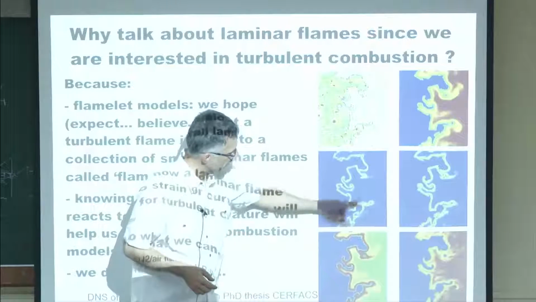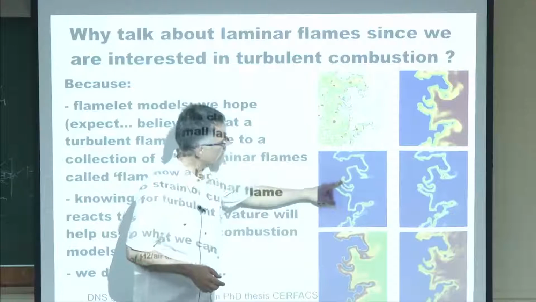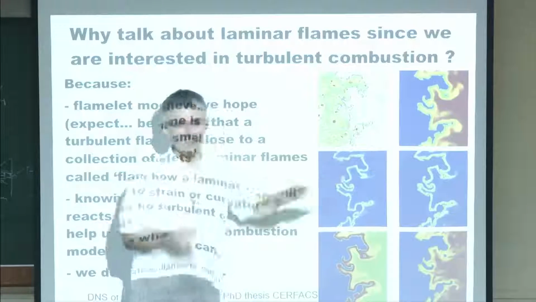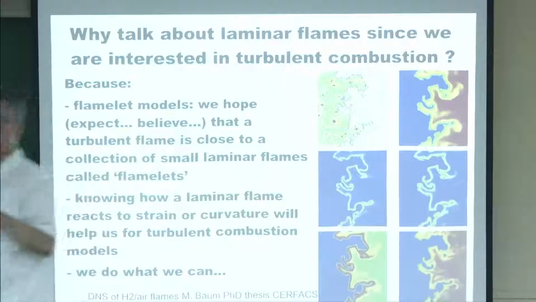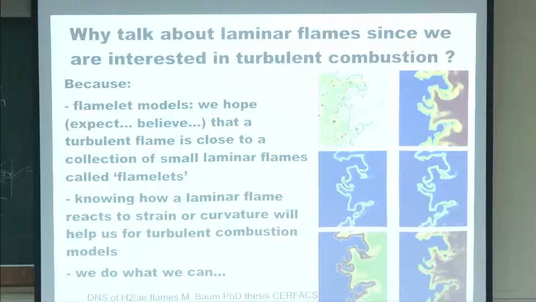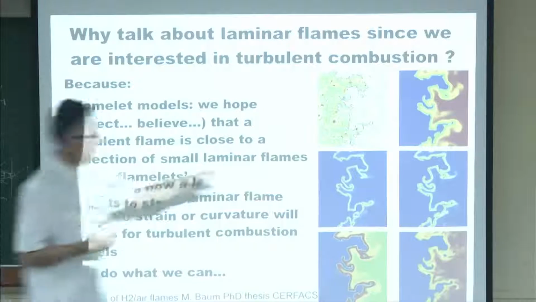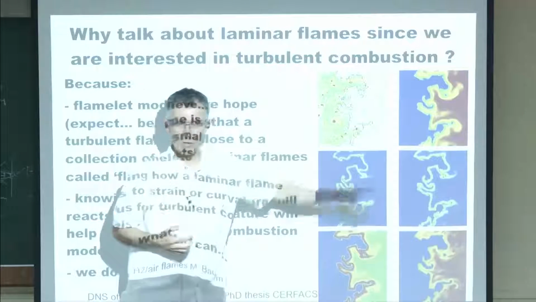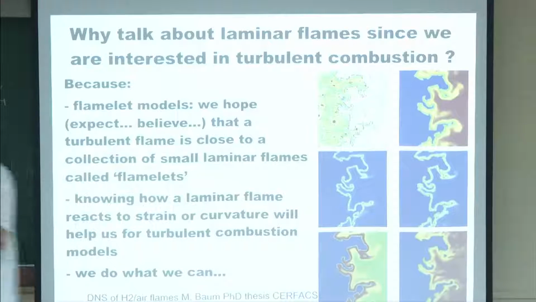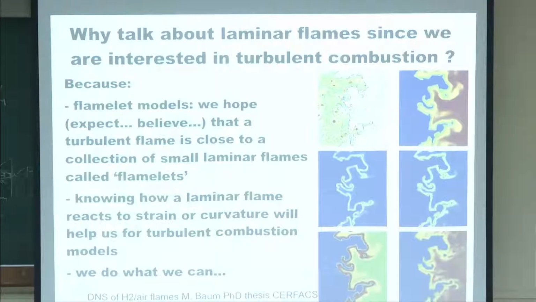Actually, along this flame front here, we seem to recognize something which looks a little bit like a laminar flame. So it's important that we understand how a laminar flame reacts to curvature, for example, so that will help us to understand how a turbulent flame reacts to curvature. Okay. So it's a good way to approach the problem.